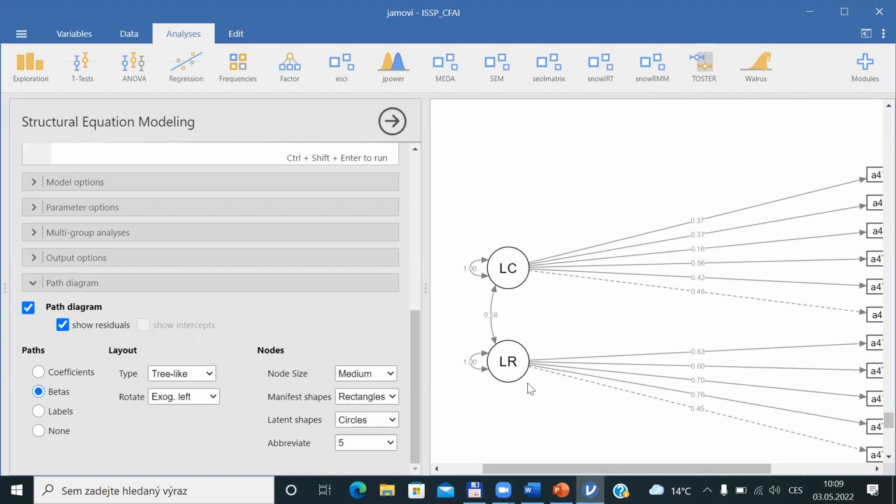The main goal of comparing these models between groups is that if the models are comparable, then I can also compare, for example, left-right and liberal-conservative levels for different groups. If they are not comparable, then this comparison would be totally useless, totally rubbish, sorry for that.